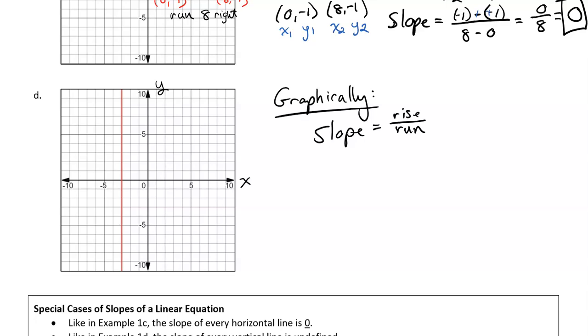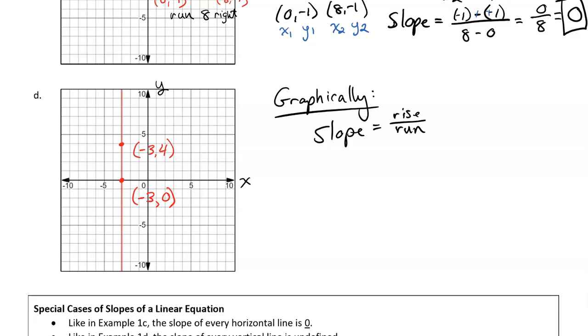Let's pick 2 points. In this case, I'm going to pick this point, and that looks to be -3, 0. And maybe I'll pick a point, I don't know, right here. Just a random point on the line, though. It has to still be on the line. And that looks to be -3, 4.